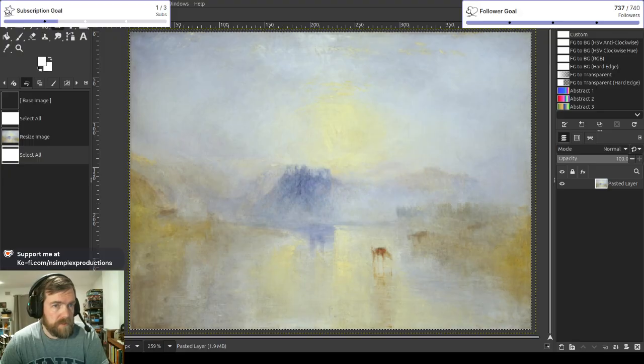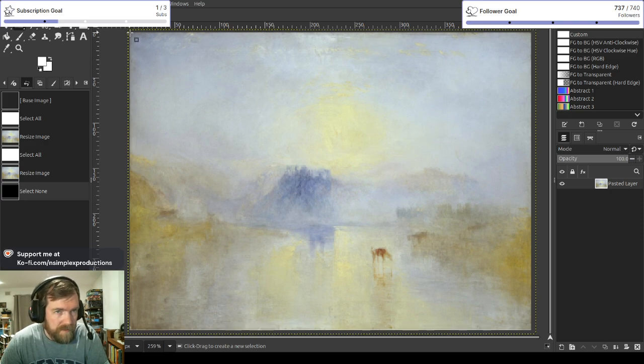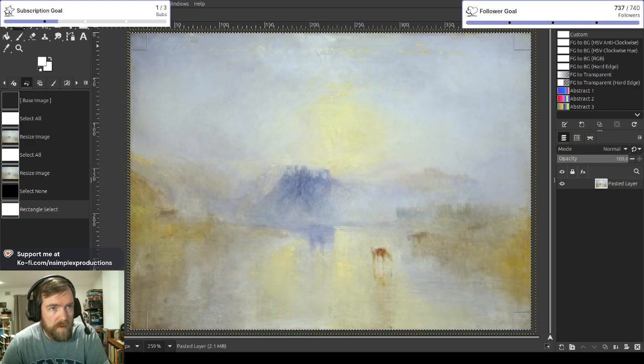Fit canvas to selection. I want this to crop the entire crop to content.